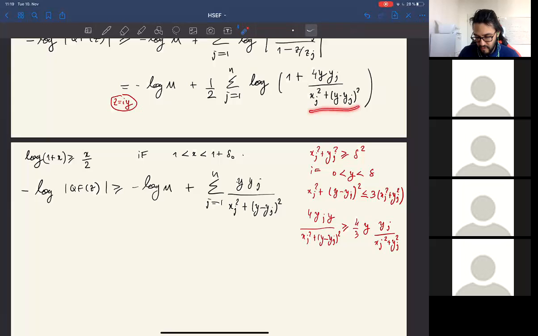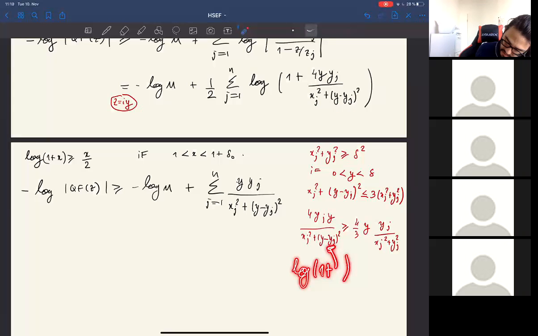So I increase this and I have something smaller. Then you just take the log of 1 plus this, and for a moment I got confused. So when you take the log of 1 plus this guy, it would be greater or equal than the log of 1 plus this guy. Okay.